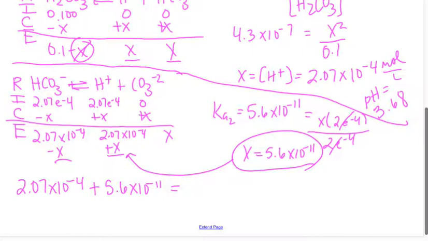Nothing changes. This number is so small mathematically, it's going past any sort of accuracy we can handle in the lab, right? So this ends up being the exact same number. So when I say mathematically negligible, that second step is not changing that concentration, which is not going to change our pH value. So that was supposed to be the proof you need to accept: only look at the first H in a dissociation, okay?